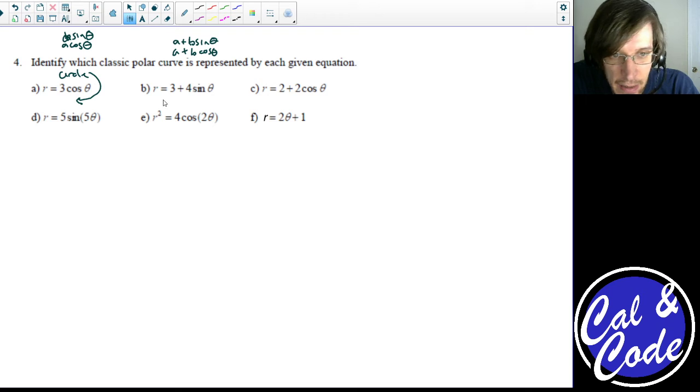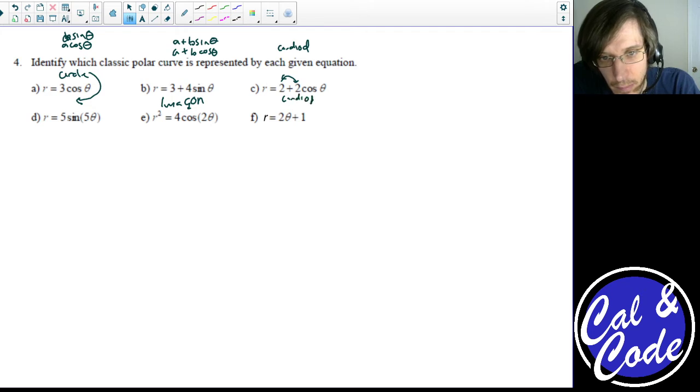That is a limaçon. This one is also an a plus b sine or cosine theta, but the a and the b happen to be the same. This one's in fact a cardioid. It is a type of limaçon.